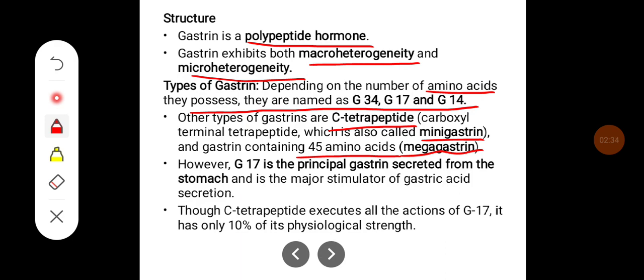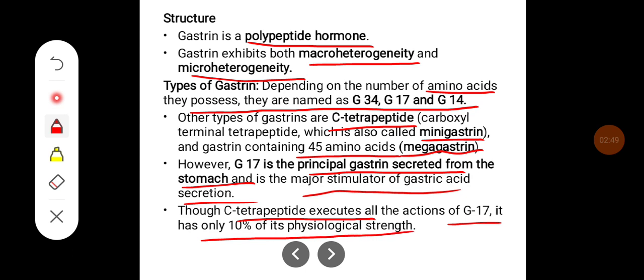However, G17 is the principal gastrin secreted from the stomach and is a major stimulator of gastric acid secretion. Though the C-tetrapeptide executes all the functions of G17, it has only 10% of the physiological strength.